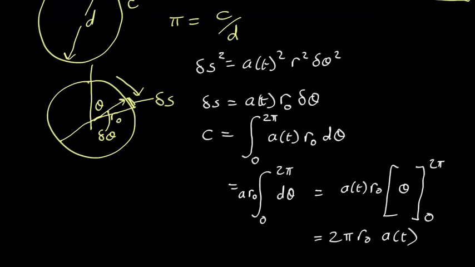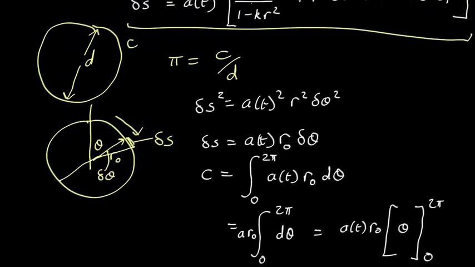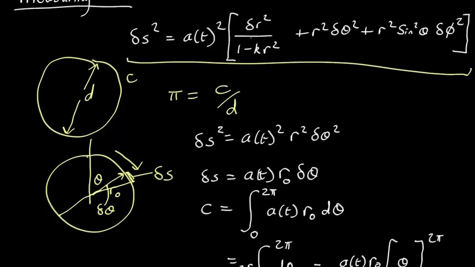Okay, pretty easy. But now let's look at something a bit harder, the radius, or the diameter of the circle. Now in this case, we're moving along here, and we have some bit delta s in there, corresponding to some change in the radial coordinate r. So in this case, r is changing, but theta and phi are 0.